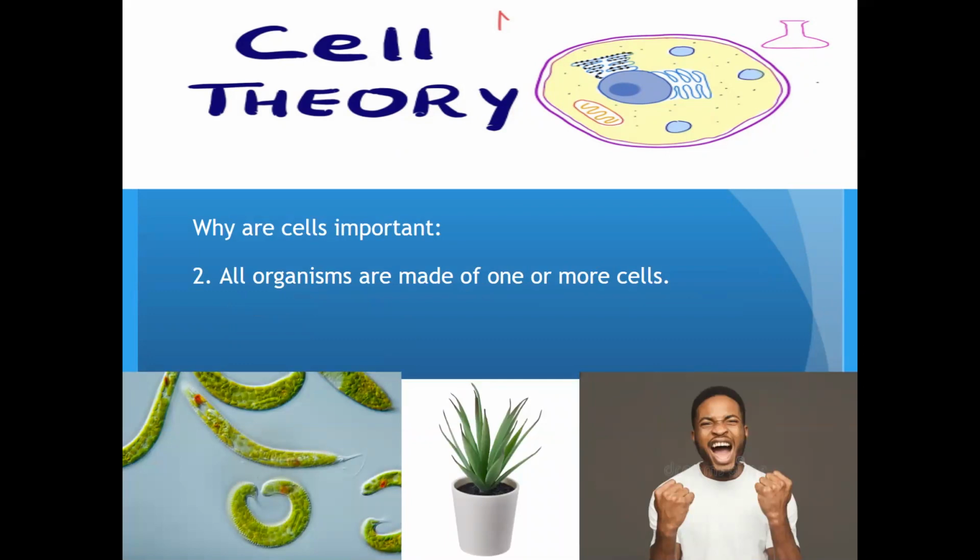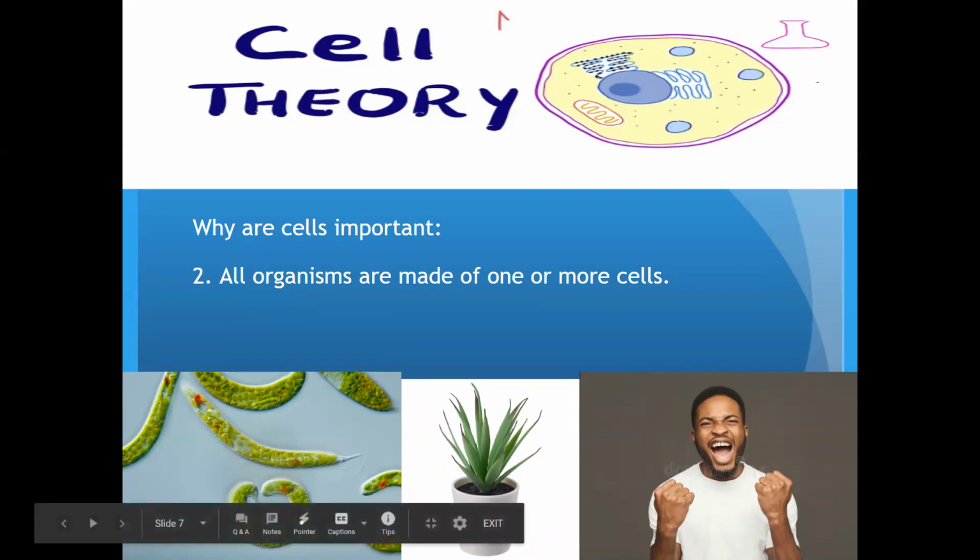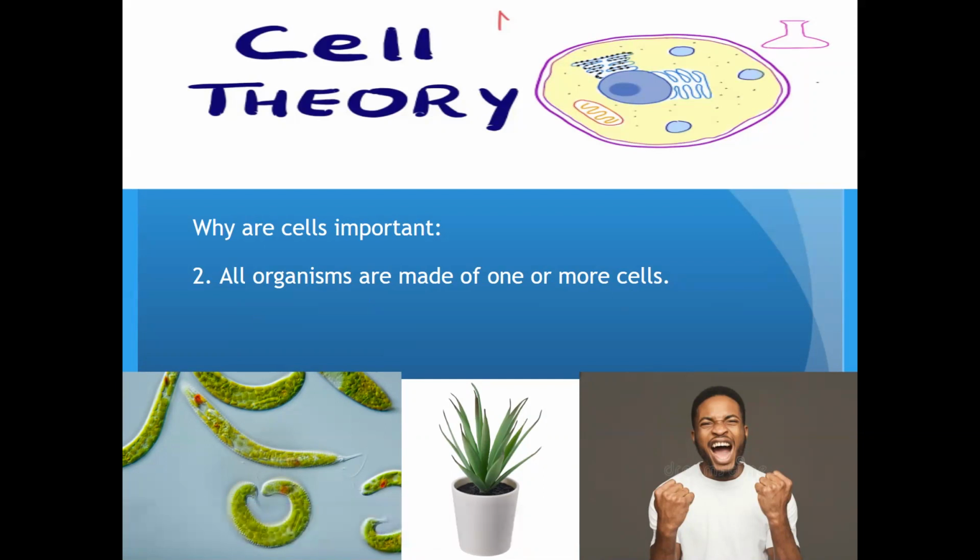The second point of the cell theory is that it tells why cells are important, right? Why are cells important? Because all organisms are made of cells. So if you are a living organism, you are made of at least one or more cells. Humans are made up of trillions of cells. Plants are made up of millions and billions of cells.